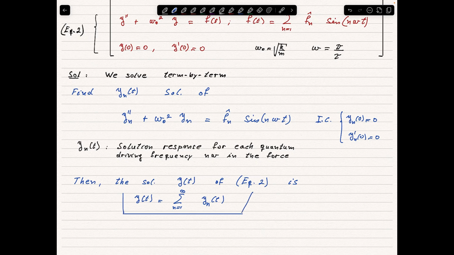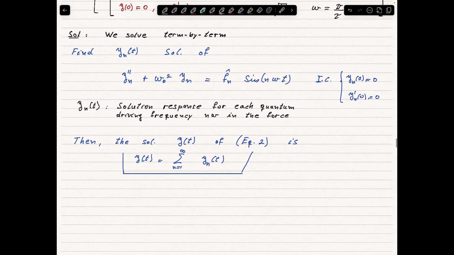And before we continue, let's verify now that actually this is true. So let's verify that. So we want to find the solution of this problem. And we are saying that we are writing the solution as this sum.